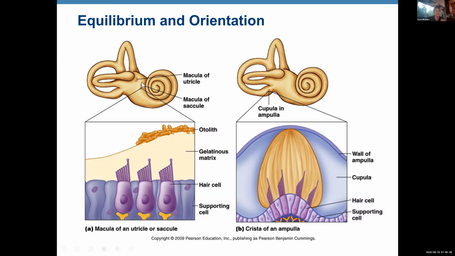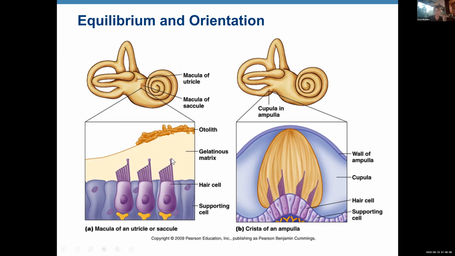Now inside the vestibule, we have two special membranous structures called the utricle and saccule, right? So again, the vestibule is bone. Inside this bone, we have two membranous structures called the utricle and saccule. And inside the utricle and saccule, we have a sensory organ called the macula. A macula is made of different types of cells, and some of them are hair cells.